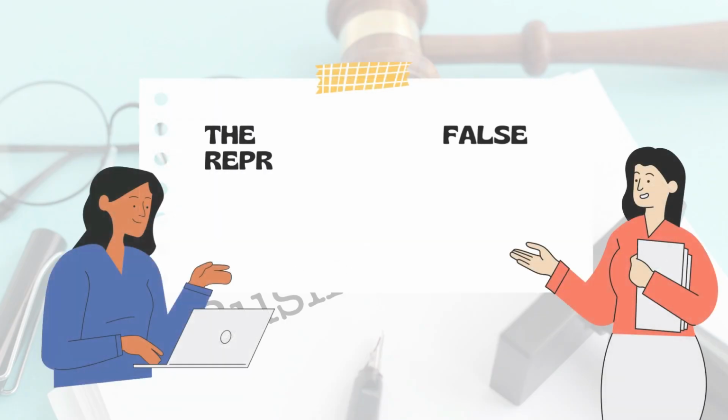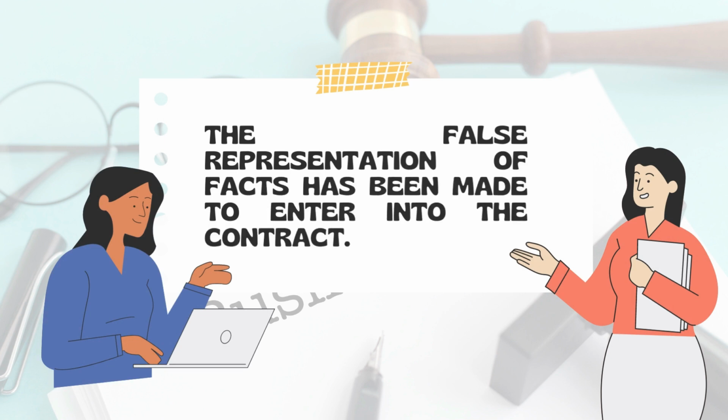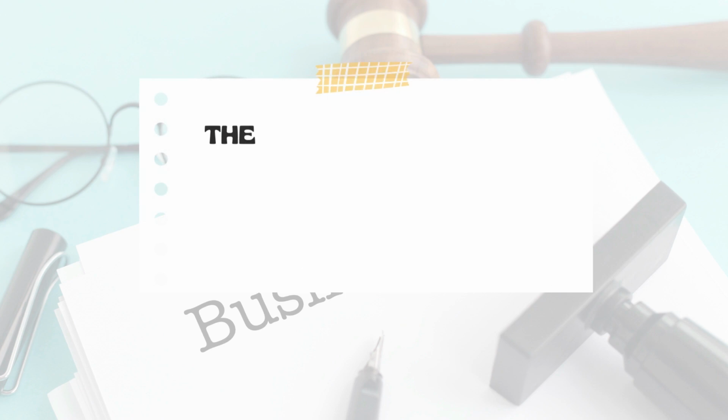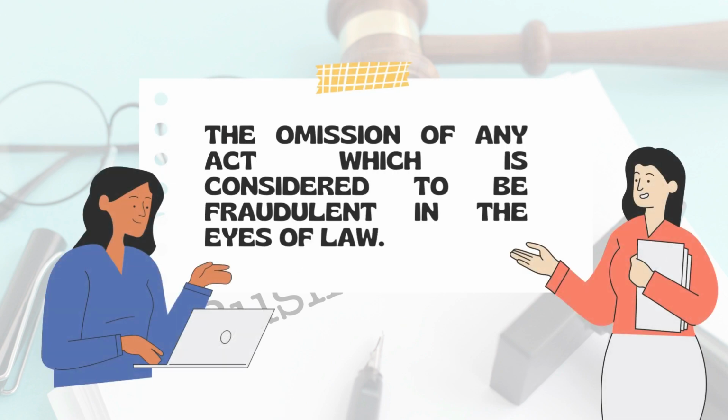Third, any false representation of the facts has been made to enter into the contract. So you are giving wrong, false information. Fourth, omitting any action which is considered fraudulent in the eyes of law. So you were supposed to disclose that information, but you have not disclosed it. Then in that case, it is a characteristic of fraud.